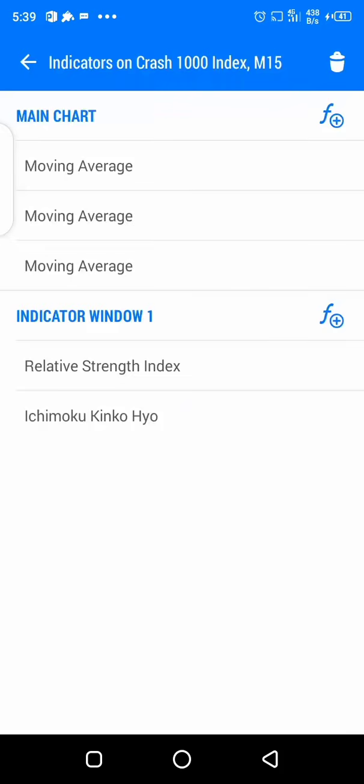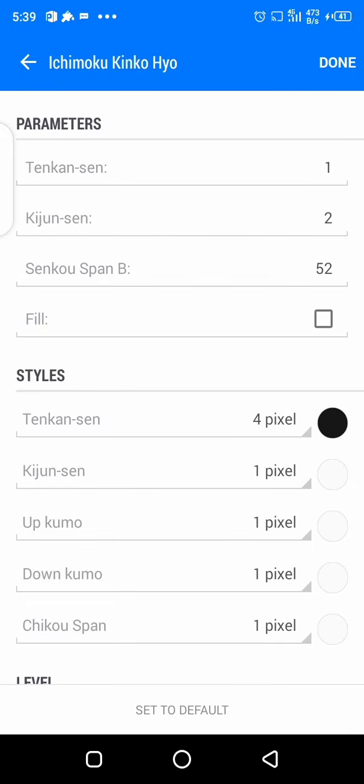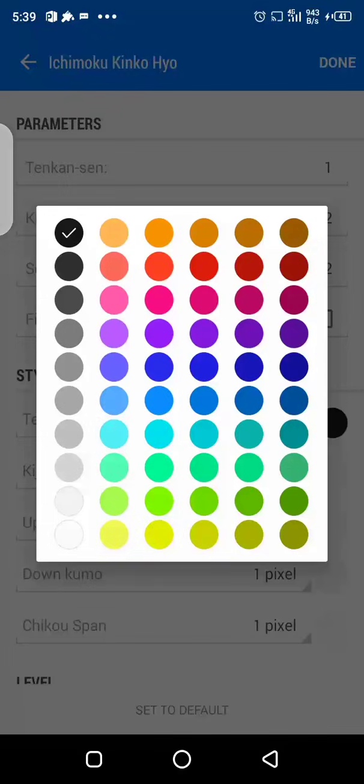Then you go again to add the Ichimoku. Tenkan Sen is 1, Kijun Sen is 2, Senkou Span B is 52. Don't fill this place, leave it open right there. Then the Tenkan Sen 4 pixel, and if your MT5 is white background, you make here black.